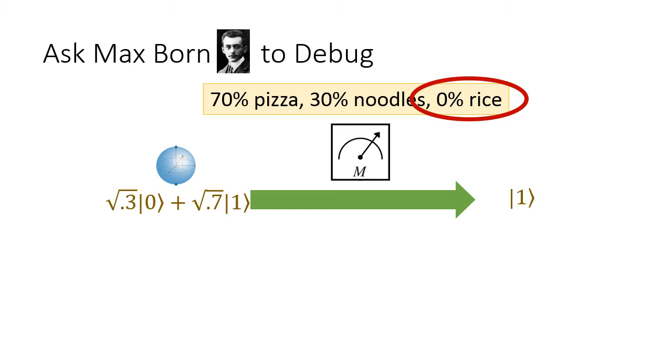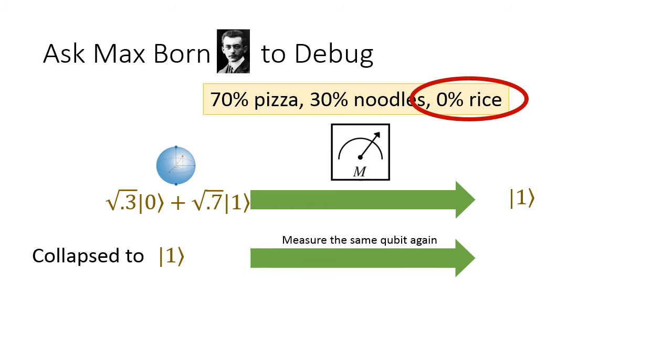Suppose Bob set up a rice quantum state and Alice measured it and saw the state of 1. Then Max Born said that the quantum state is actually changed to state 1, and this is called quantum collapse. Even though Alice measured the same qubit again, because the qubit has been collapsed, the state will be 1, no matter how many times she measured it.